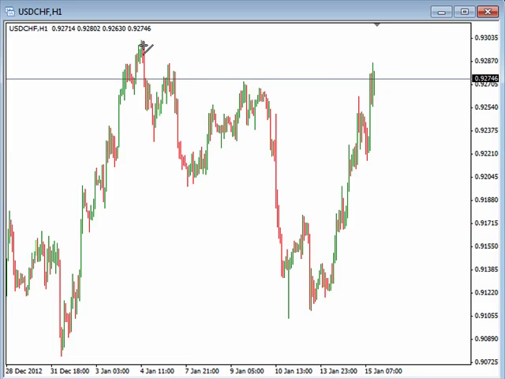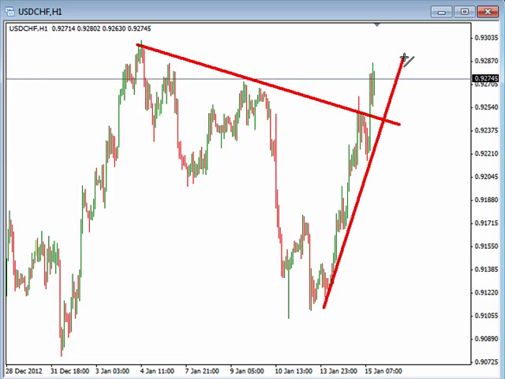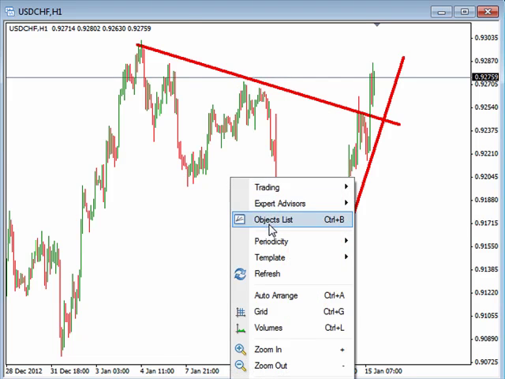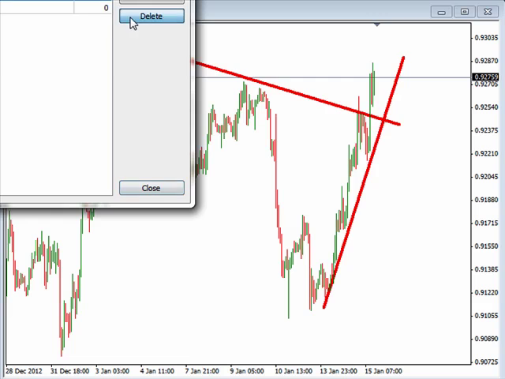And I will say that sometimes you have an easier time drawing those levels, those lines, than other times. Sometimes they may be harder to identify, and there won't be as strong of an area on the chart identifying support and resistance. And that's okay.